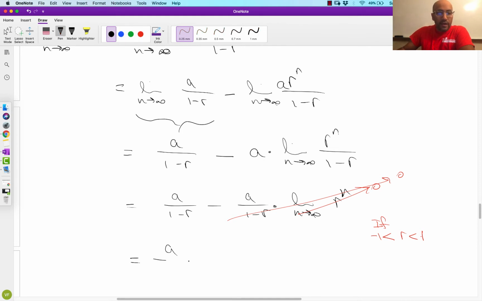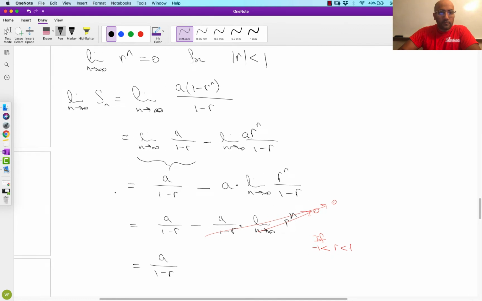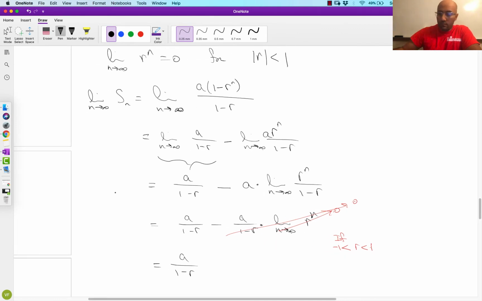So we get a over 1 minus r. Zoom out and bring it all together. So this is the limit as n goes to infinity of s sub n, right? This is the same.